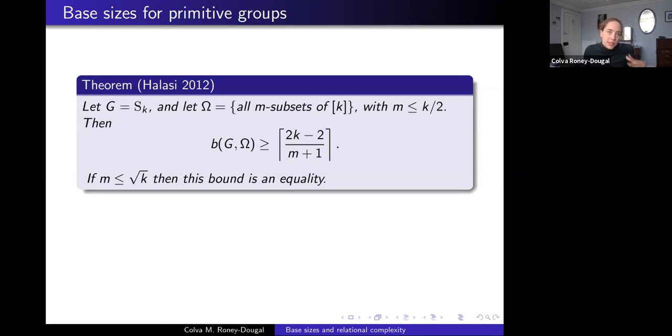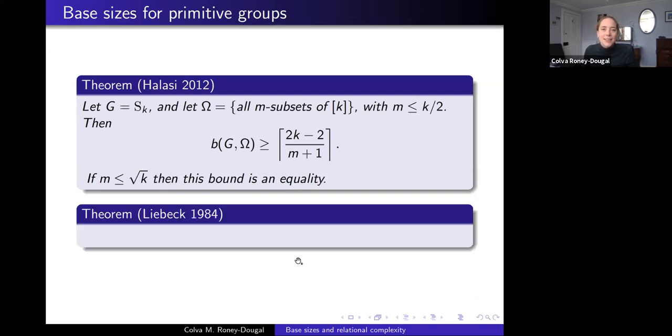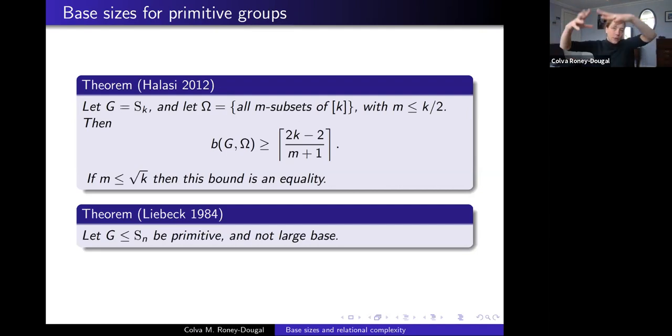Okay, so these are some of the large base groups, and that's because they have large bases. And I'm not going to go through the other kinds of large base groups, but they also have large bases. So there's a lovely theorem due to Martin Liebeck, which says that if G is primitive and not large base, all the examples I've given you so far for the intransitive groups and the imprimitive groups had bases of order big O of n. I mean, they're quite close to n.